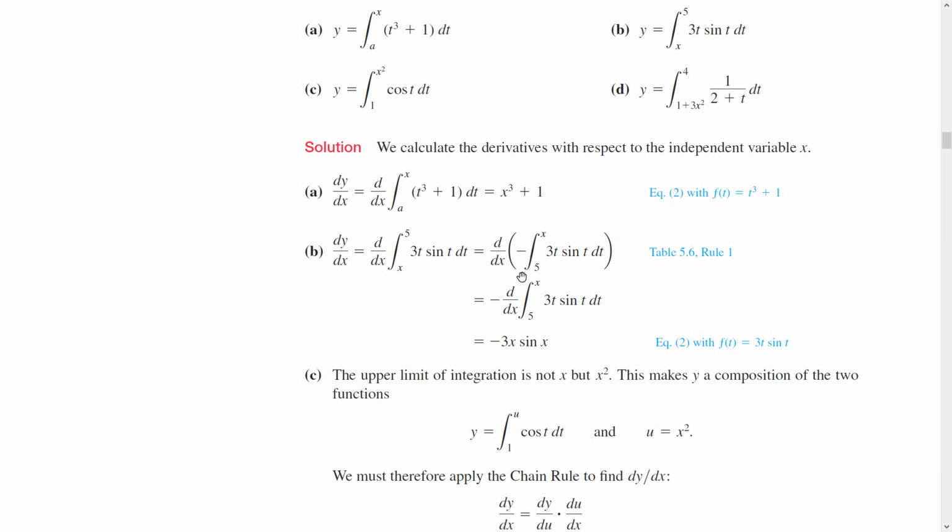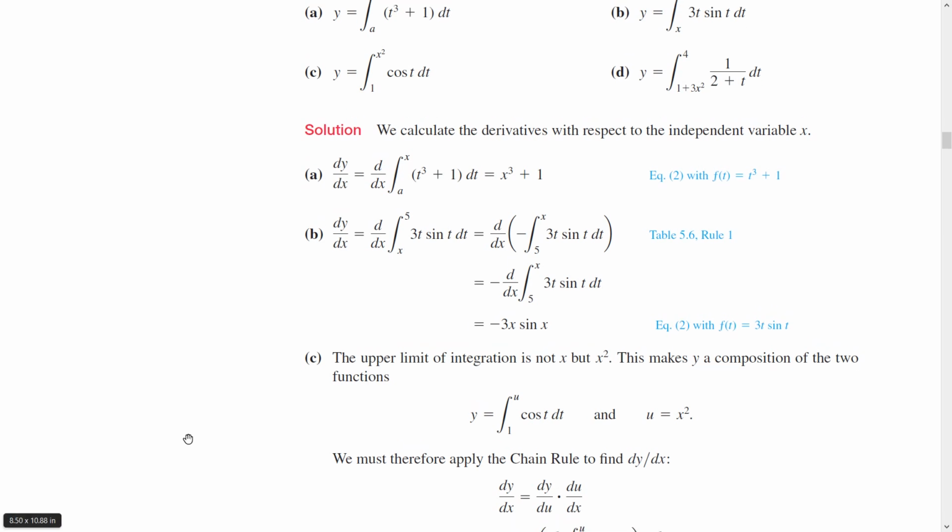So dy by dx of negative of the integral from 5 to x of 3t sin t. Now in this case, the function of t, that is f(t), is equal to 3t sin t, so its derivative must be equal to 3x sin x. This negative sign stays as it is. So dy by dx is equal to minus 3x sin x.